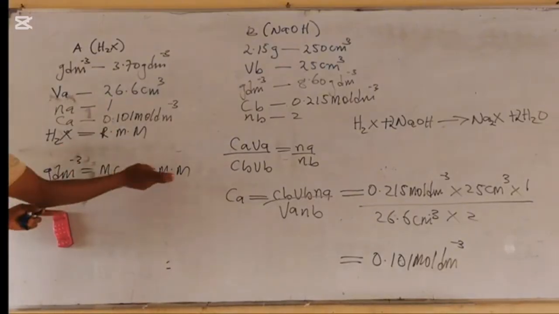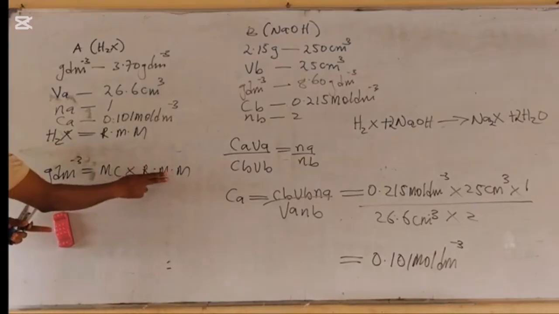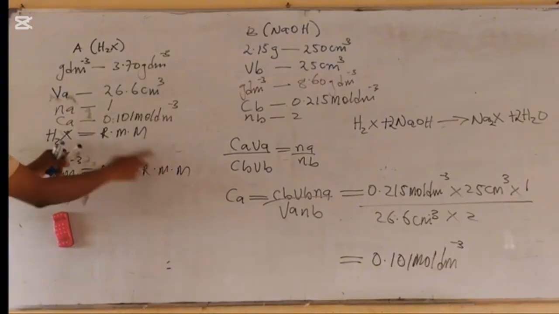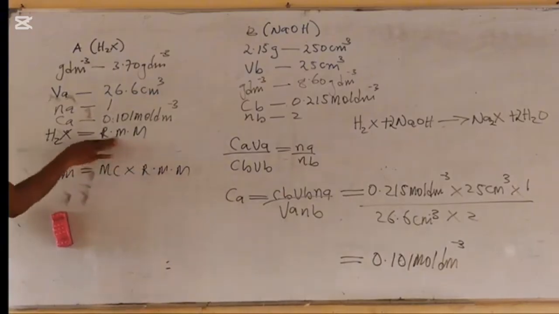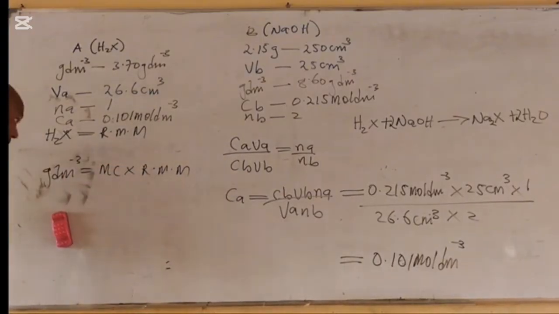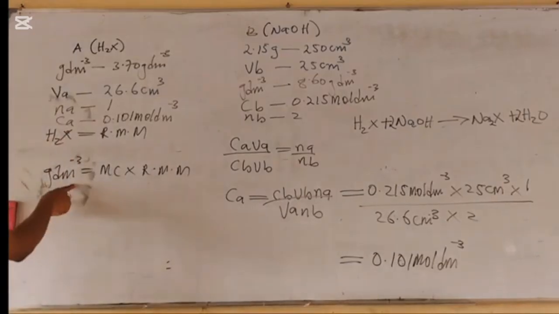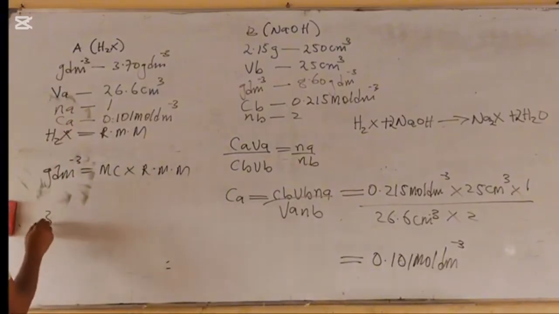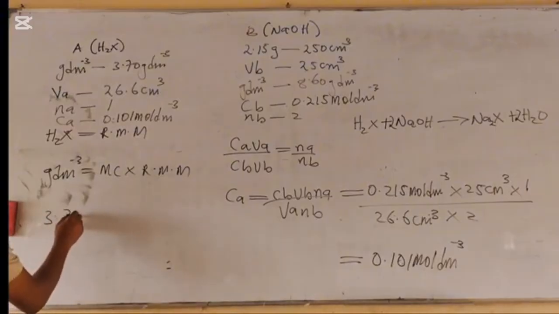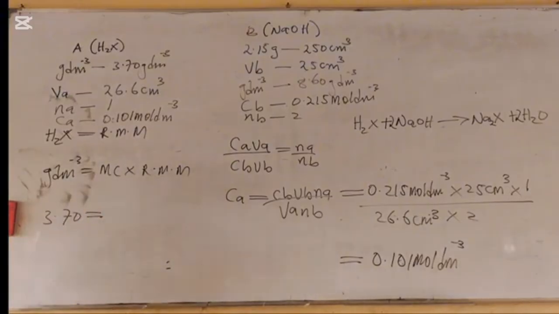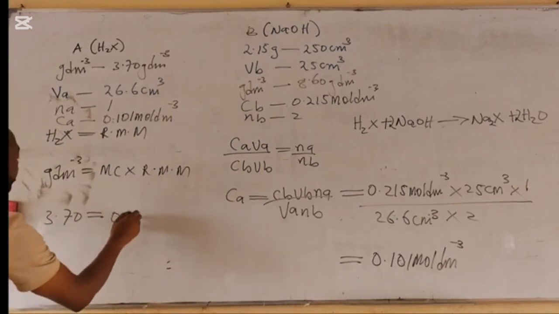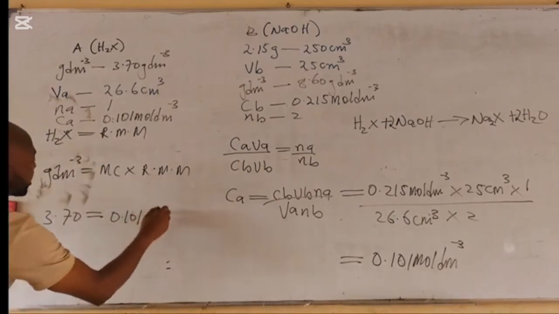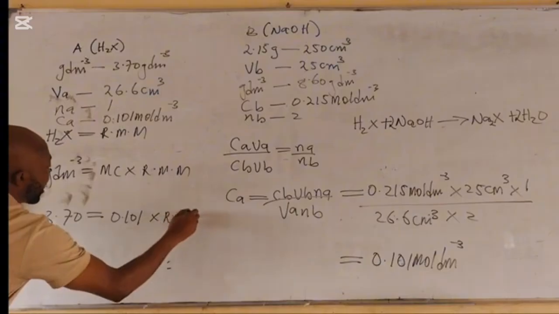So I can easily get my relative molecular mass so that I can use this formula. All this we are doing is just to apply this formula. So let's see how that goes. My g/dm³ was given to be 3.70, which is equal to the molar concentration, which I just did now, 0.101, times my relative molecular mass.